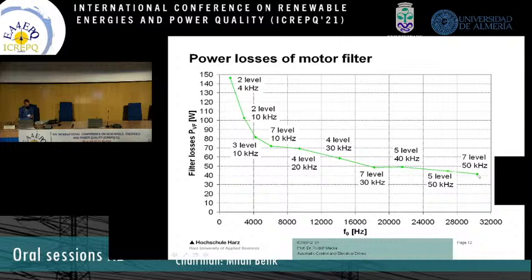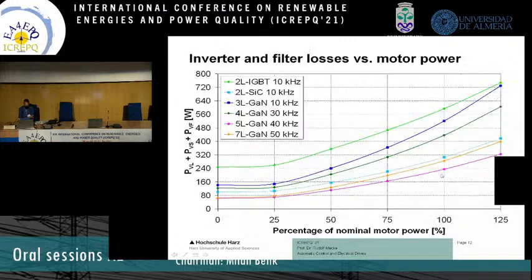With a 7-level inverter and 50 kilohertz switching frequency, a small additional reduction is possible. So the slide shows the inverter and the filter losses in one diagram as a function of the motor power. A considerable reduction is already achieved with a 2-level inverter by replacing IGBTs with silicon carbide MOSFETs.